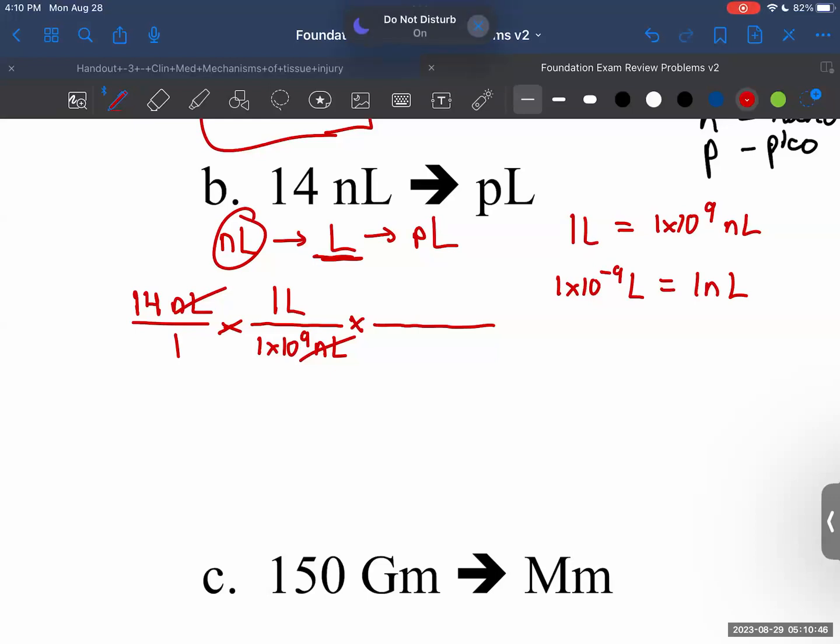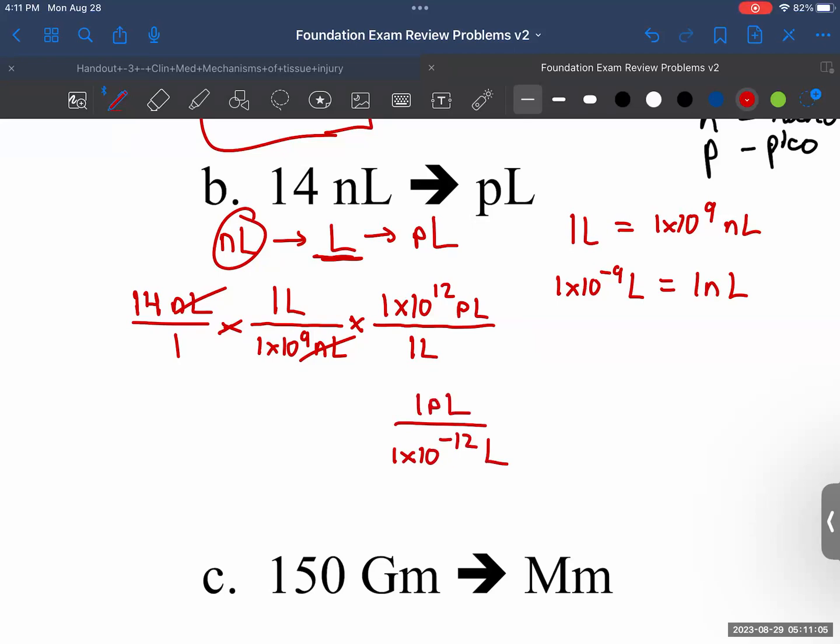You can write it as in 1 liter, there's 1 times 10 to the 12th picoliters, or you could say that there is 1 times 10 to the -12 liters in 1 picoliter. So either one will get you the right answer again.